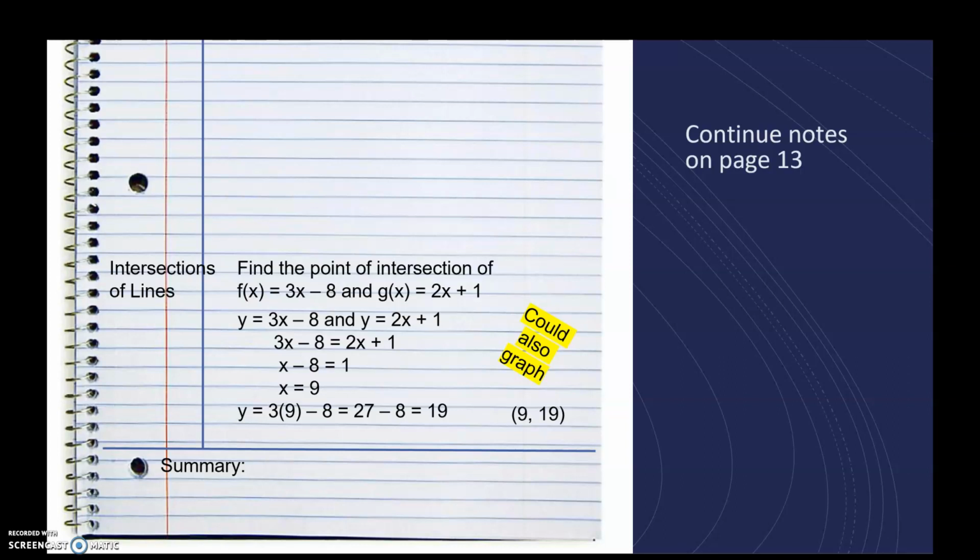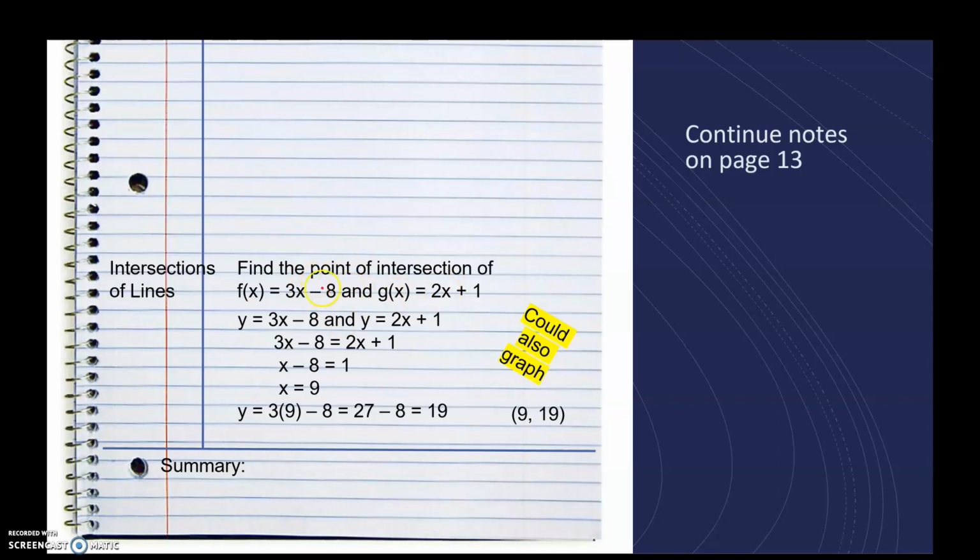All right. So now also, finding intersections of different graphs. We did this with a calculator last class. We can also do it algebraically. When graphs cross each other, that's where the equations are equal to each other. So we can set equations equal to each other.